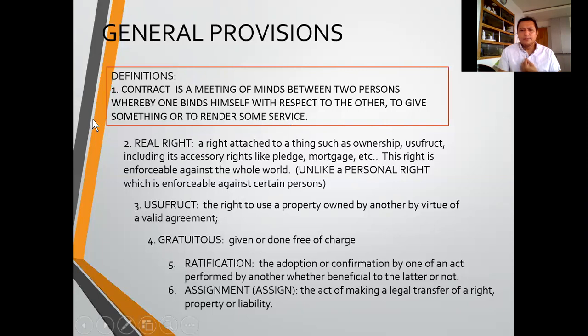So here it's very clear that there are at least two parties in the contract, and there is a giving of a thing, which is of course a real obligation, or to render some service, which is of course a personal obligation. That's what you have learned in the topic of obligation.